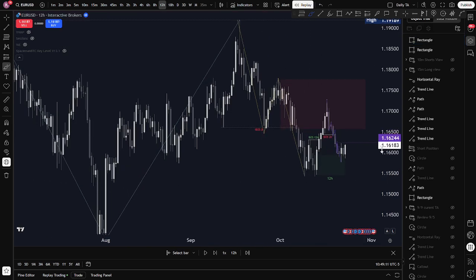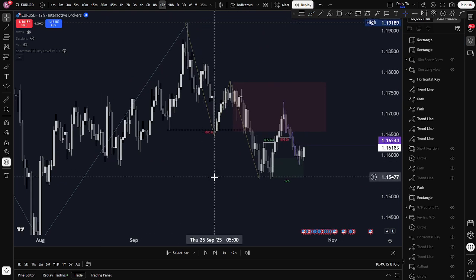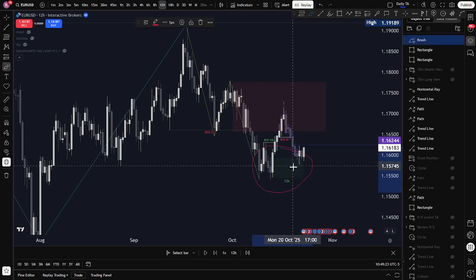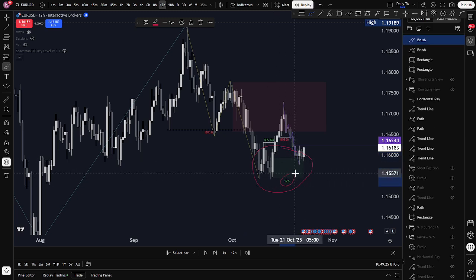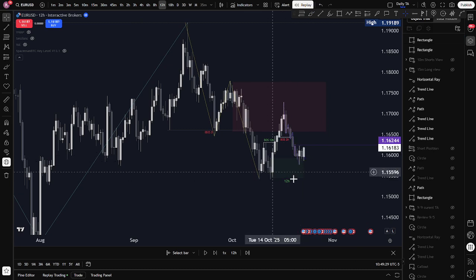And then it led to a significant boss. At 12 hours, a pretty significant boss up. So if I'm looking at that, then I would look at this demand range from the 12-hour, and I could be looking at longs based on that.